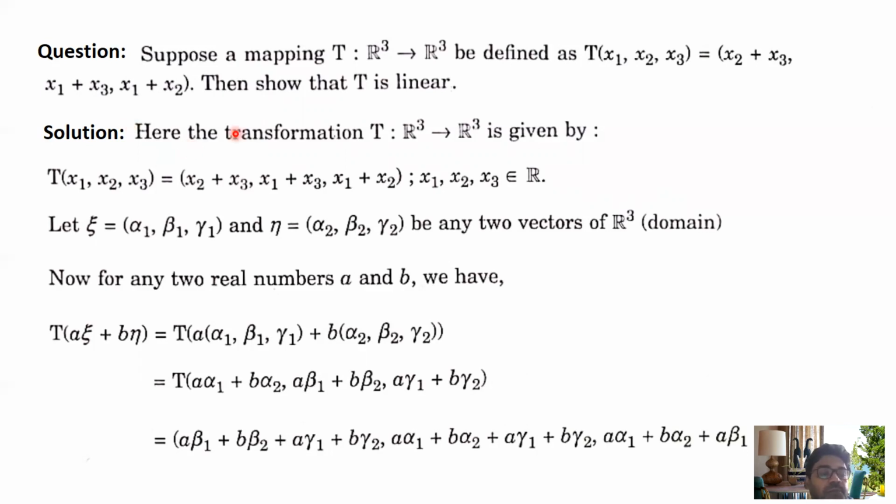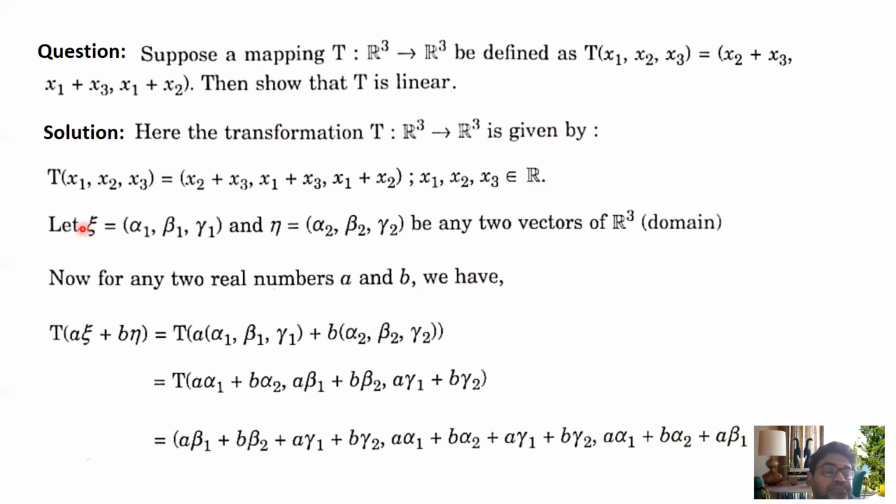We want to apply this. Here the transformation T from R cube to R3 is given by T(x1, x2, x3) is equal to (x2 plus x3, x1 plus x3, x1 plus x2), where x1, x2, x3 belong to R. These are all real.